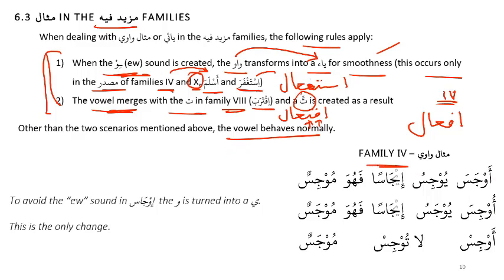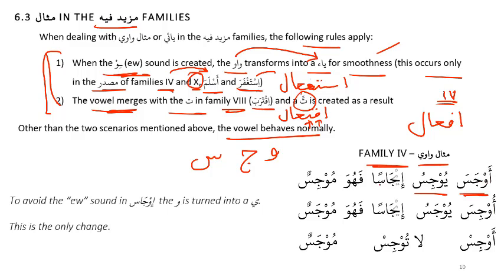So let's look at family 4 first with mithal wawi. Aujasa yujisu ijasan. So what are the root letters with aujasa? Waw, jim, sin. And this is bab ifal, like akrama.